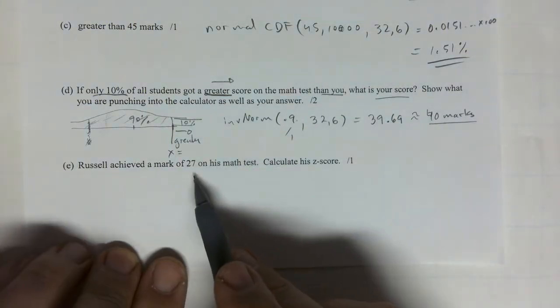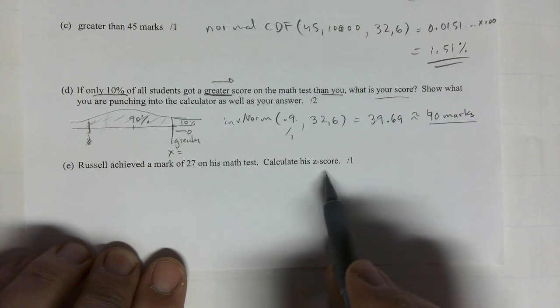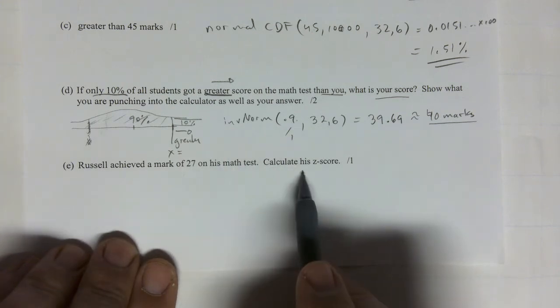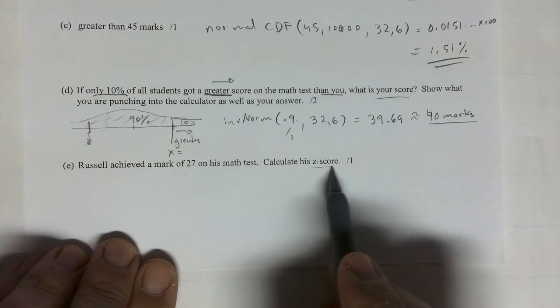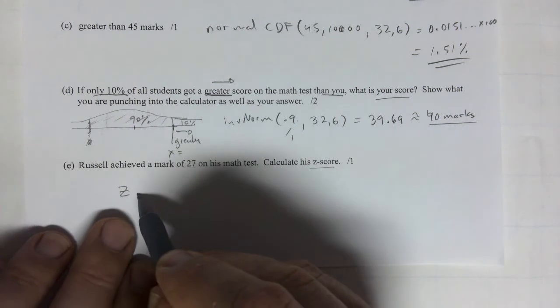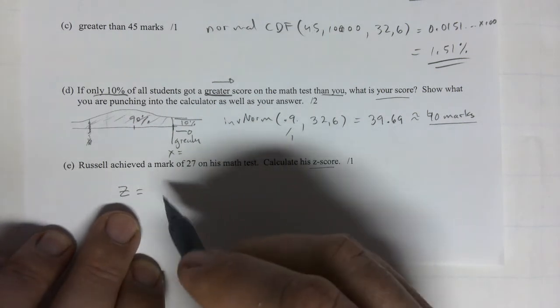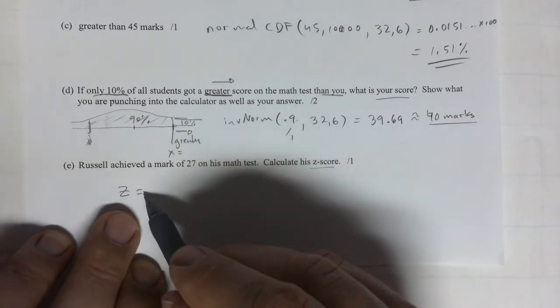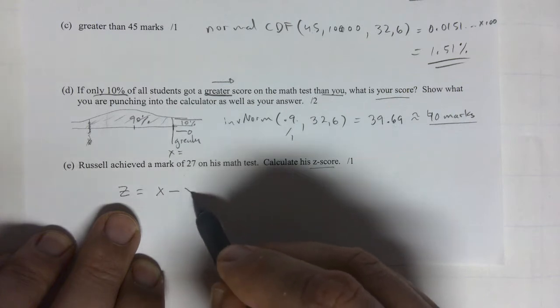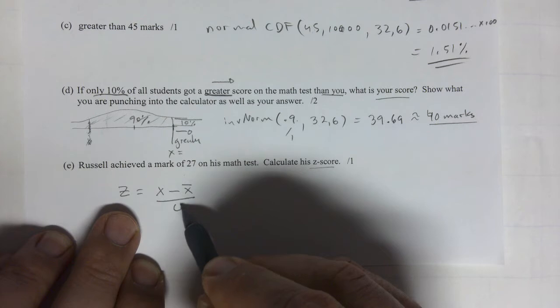Russell achieved a mark of 27 on his test. Calculate his z-score. So how would you do that? How would you calculate the z-score? Well, in this case, you can use the formula, which is the z-score is the mark minus the average divided by the standard deviation.